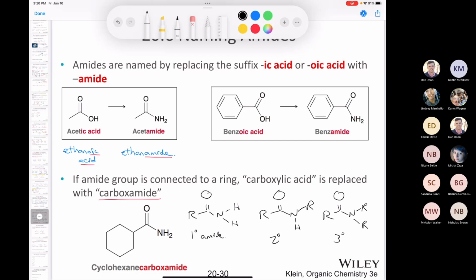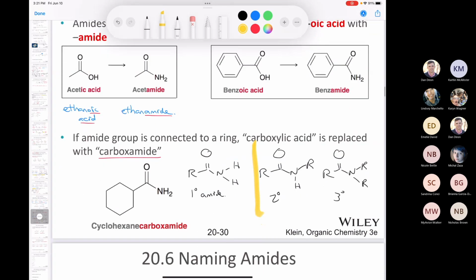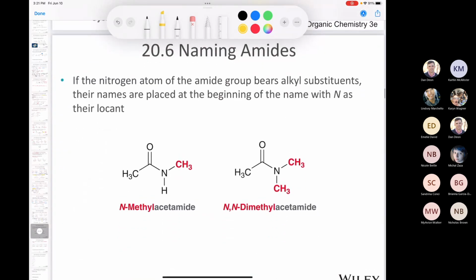So naming primary amides, we just simply give it the name of the acid, and we replace that ic or oic acid with amide. But when you have a secondary or a tertiary amide, it becomes a little more interesting because then you have to address the substituents that are attached to the nitrogen. Check it out.